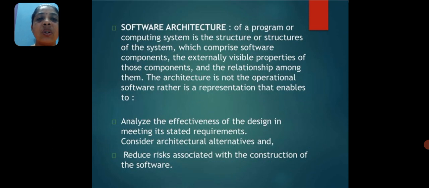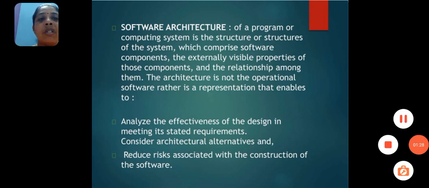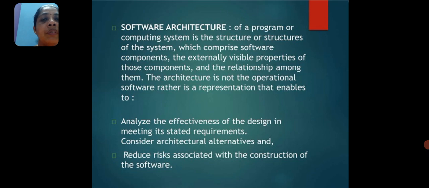Next is software architecture. I already said that the use case diagram and DFD diagram are there. It can be represented using the software architecture, the process or computing architecture. It can be represented by the structure of a diagram, which comprises software components, the externally visible properties of these components, and the relationships among them.